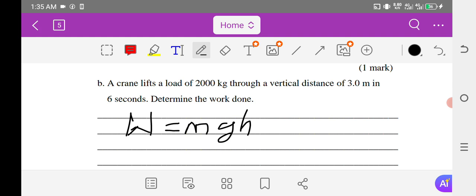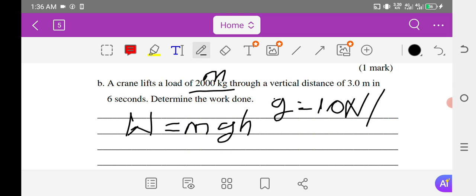We are told here that the height is 3 and the mass is 2000 kgs. And in practical situations, g is taken to be 10 newtons per kilogram.